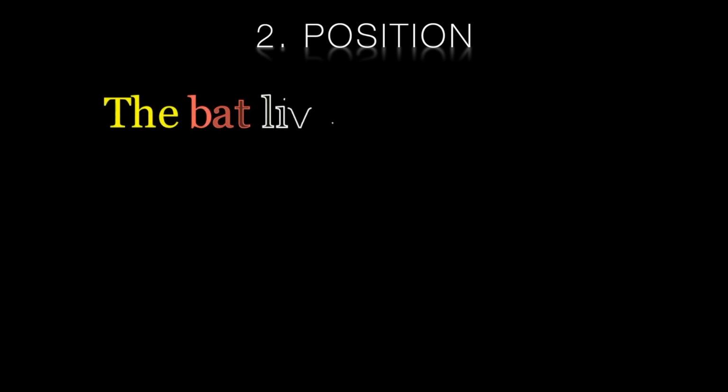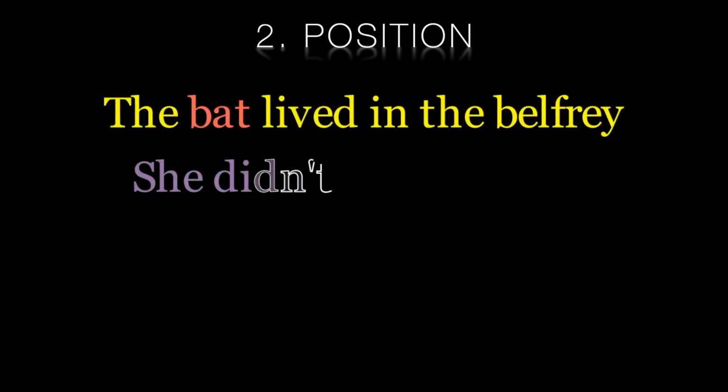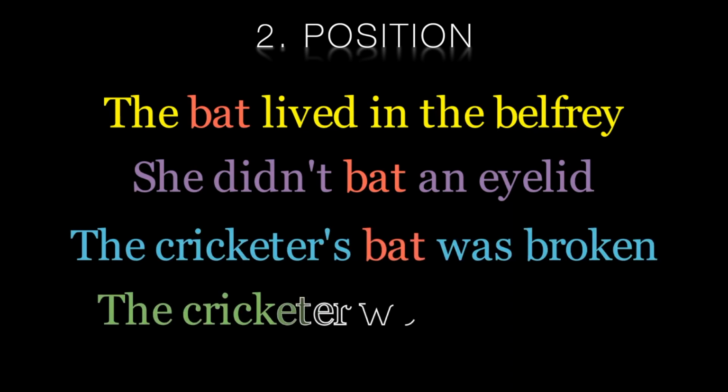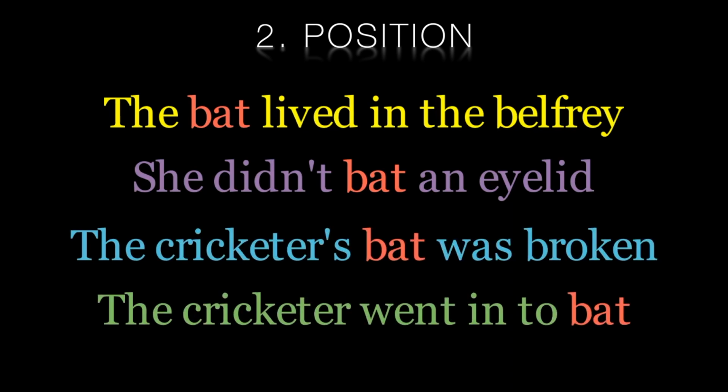Or consider the various definitions of the word bat in these 4 sentences. Its absolute position within the sentence, and perhaps more importantly, its relative position to the other words matters. Our numerical encoding has to cater for this.